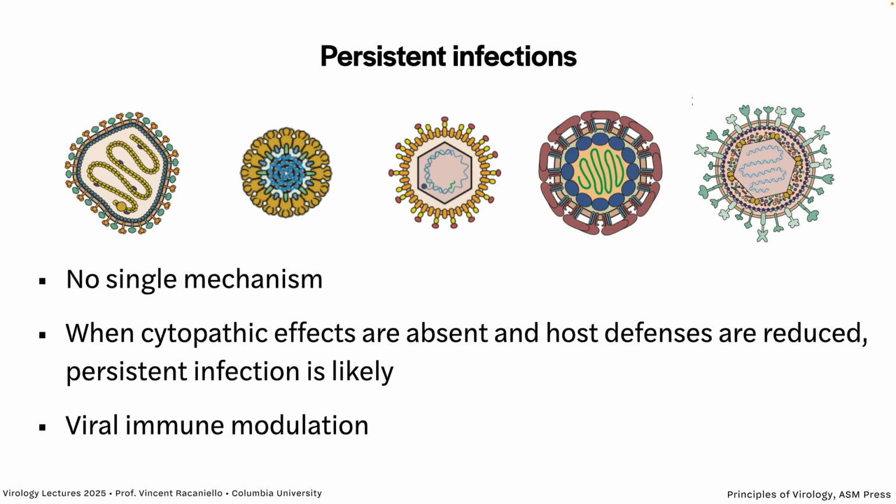There's not a single mechanism that would apply to all viruses, but in general, viruses that don't kill cells, remember, viruses that don't cause cytopathic effects, when that happens and immune defenses are reduced, remember, a cytopathic virus gives you a good immune defense. A non-cytopathic virus doesn't, and it's more likely to persist. And all of these viruses undergo immune modulation, and that certainly contributes to persistence.